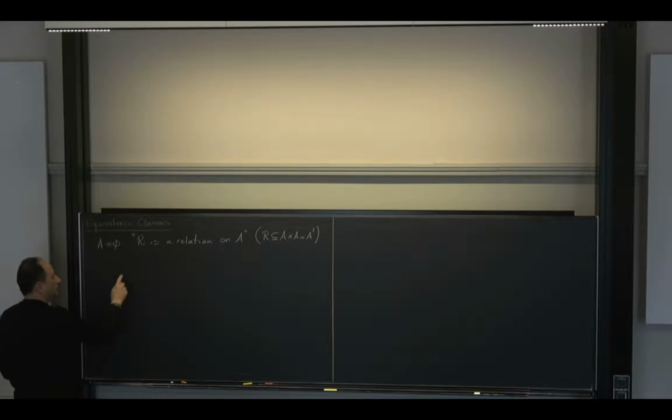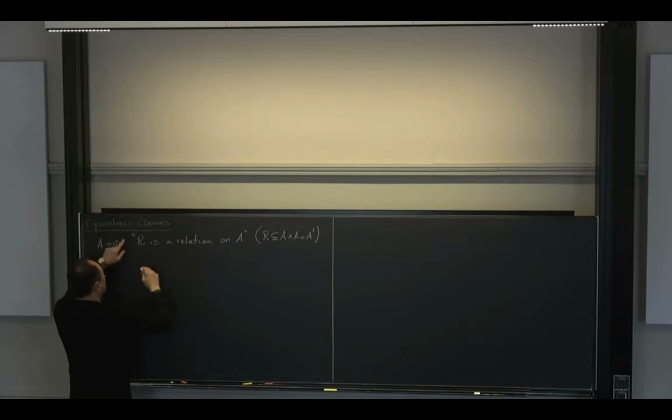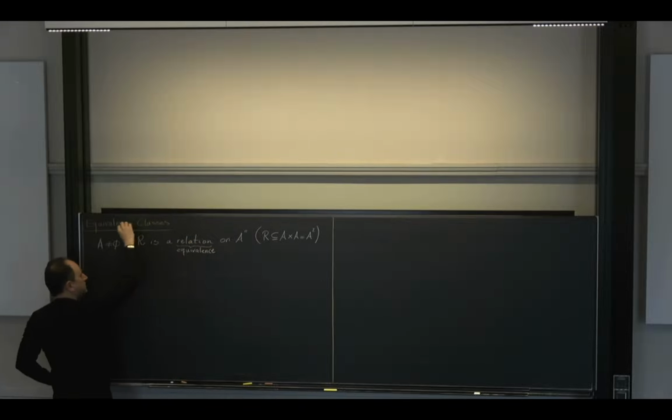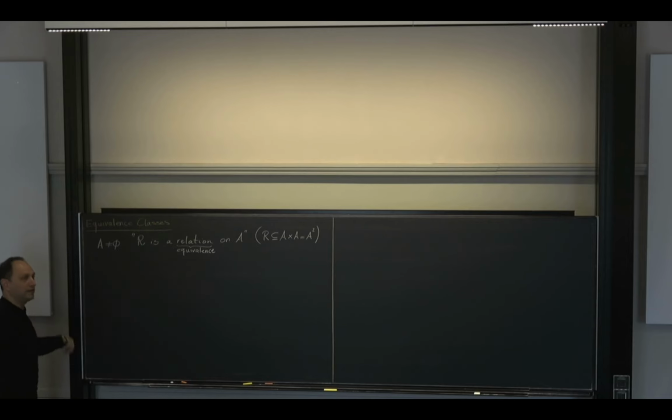But here we want more. If I want to talk about equivalence classes, I need to have this relation be an equivalence relation. So equivalence classes only make sense for equivalence relations, not just for any kind of relation.